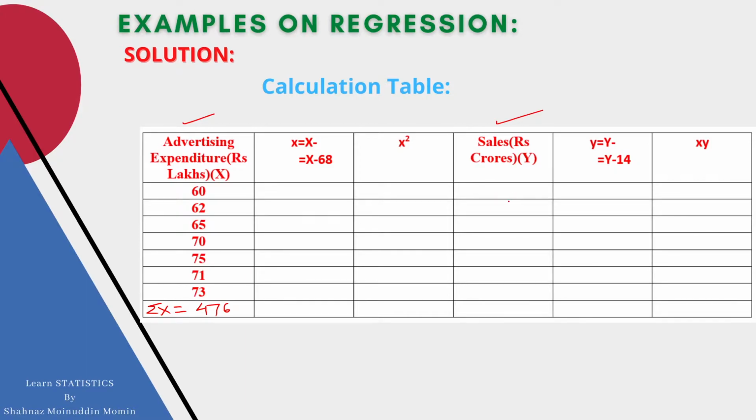Now the sales are, let me write, 10, 11, 13, 15, 16, 19, 14, and after adding all the sales, we get the sum of Y, summation Y is equal to 98.